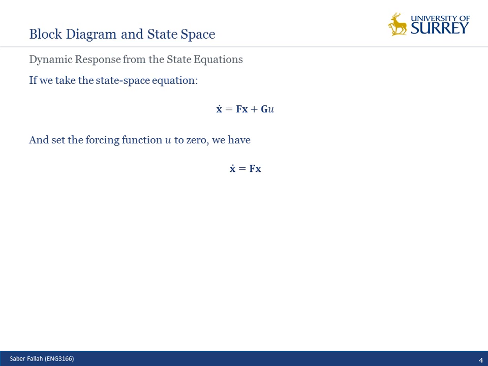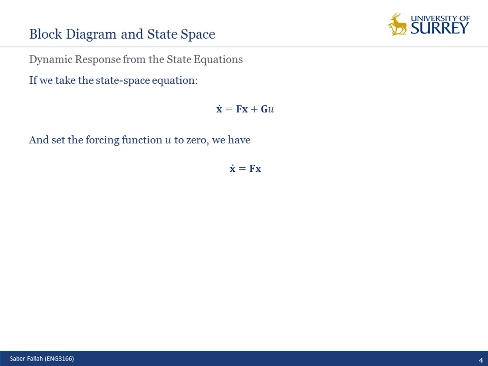Okay, let's see. To find the poles of the system using this relation, I assume there is no external force to the system. If there is no external force, it means u is 0. So I will have x dot equal to Fx.